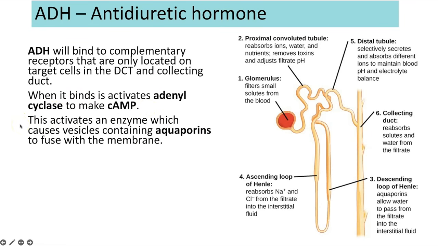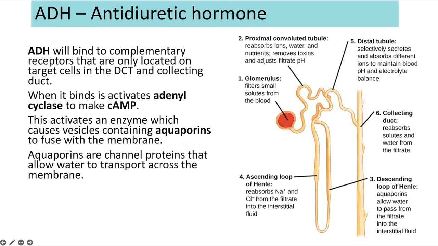And that activates an enzyme which causes vesicles within the cells that contain aquaporins to fuse with the membrane. And aquaporins are channel proteins embedded within the cell surface membrane of the DCT and collecting duct, which allow water to be transported across the membrane.